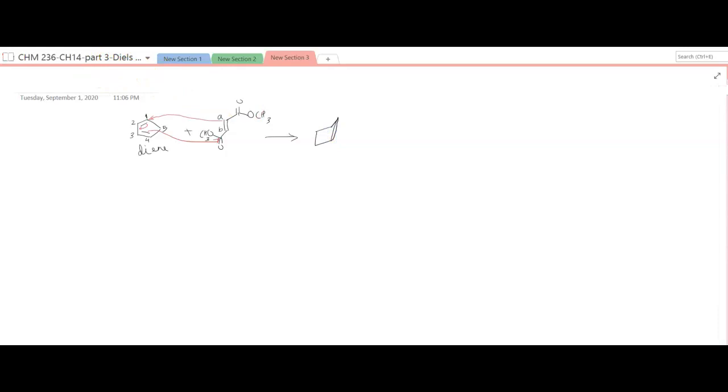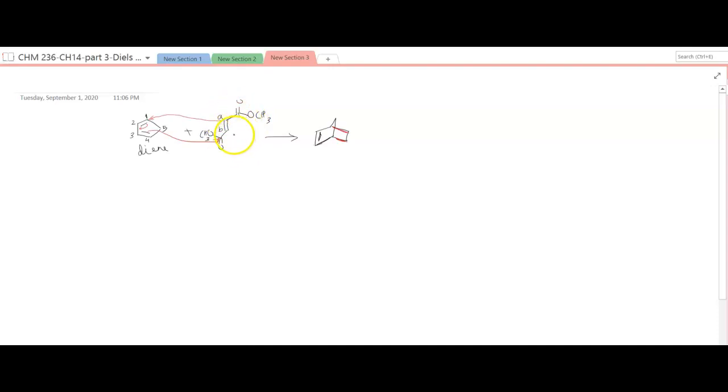Let me draw it properly. This one. And then you have the new bonds that are formed. Let's make them red color. So this is my new sigma bond that has been formed. Don't forget the double bond, because that's how this bond comes here. And now what do we have left? We have these electron withdrawing groups that need to be arranged, right?